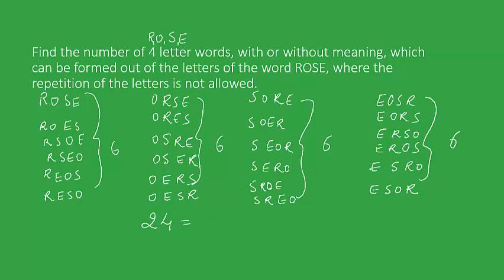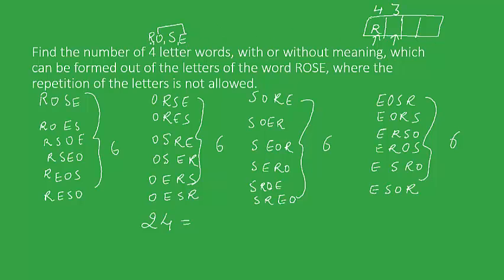It can be easily seen that selecting a word consists of four events, that is, choosing the four individual letters of the word. The first letter can be chosen in four different ways. The next one can be chosen in, no, most of you might have got it wrong, it will be 3, because if we choose R as the first letter, we'll be left with only 3 letters for the next choice.